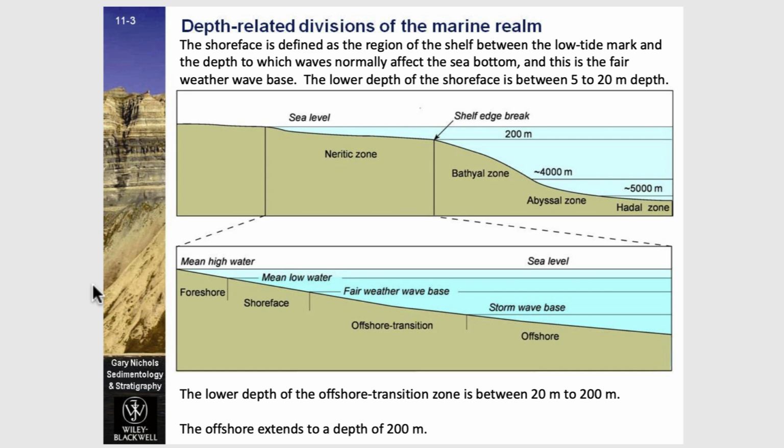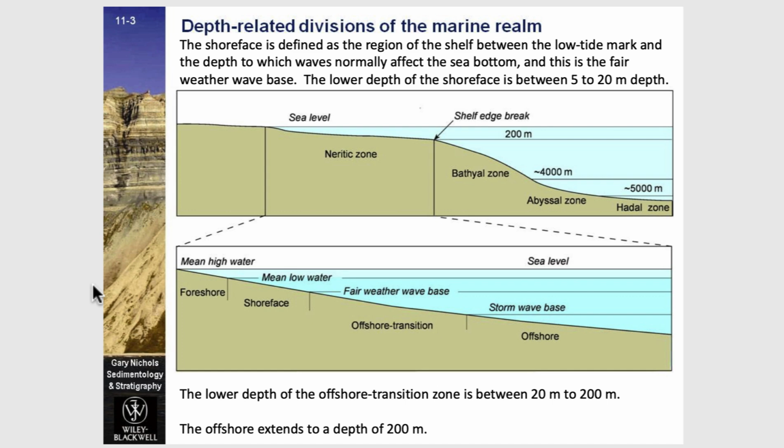If we look more in detail at some of the terminology with respect to depth-related subdivisions of this marine depositional setting, we can certainly differentiate the neritic zone as the one that is essentially between the coast and the shelf edge break, which is that one of roughly 200 meters.